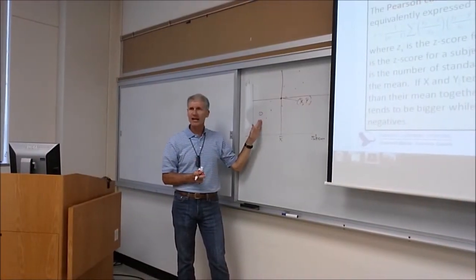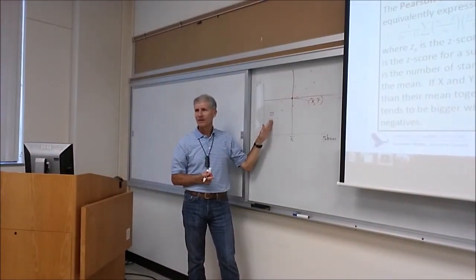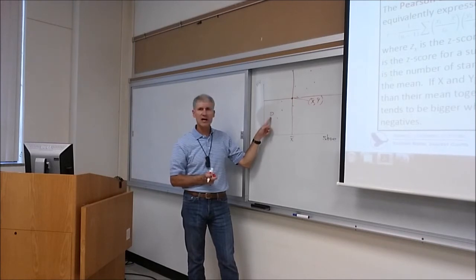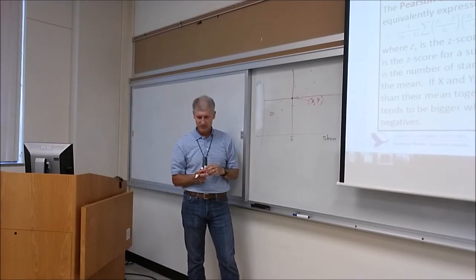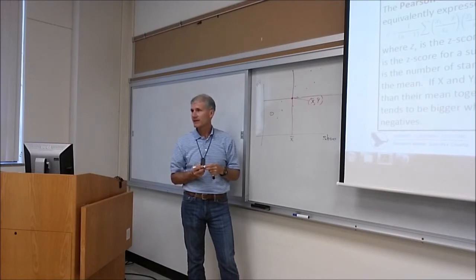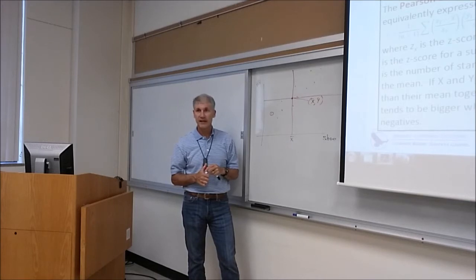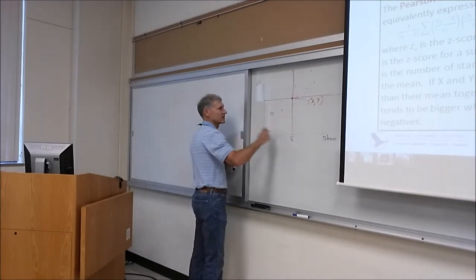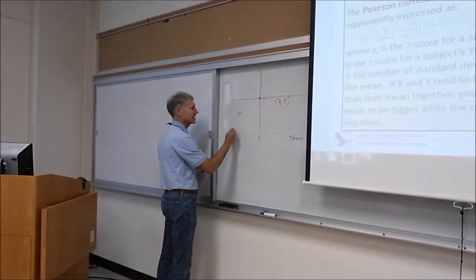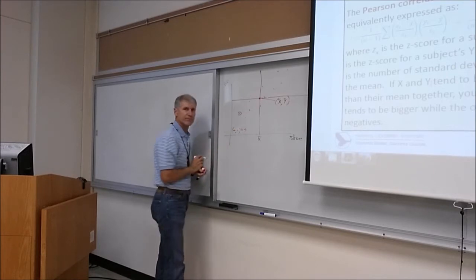Positive or negative is good enough at this point. Would this be a negative or a positive z-score for shoe size? Negative, because they're below their mean, right? What about their z-score for height? A negative. So in this square, I'm going to get a negative times a negative. If you multiply a negative and a negative, you get a positive.